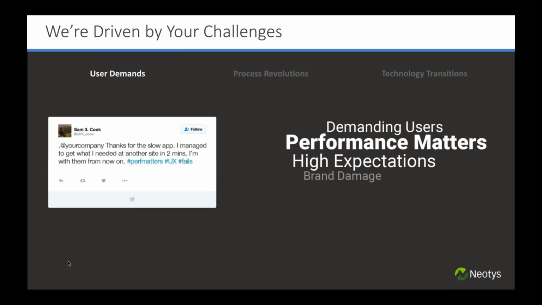Today, user experience has become more important than ever. Customers are very demanding: from the moment they start waiting for content to display on their screen, they become very annoyed. People have huge expectations on performance and user experience, and if you don't deliver a proper application, it has an impact on the brand, on revenues, and so on.